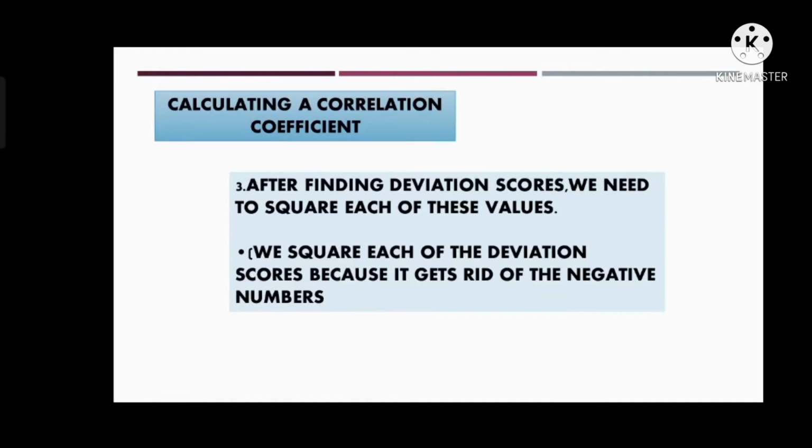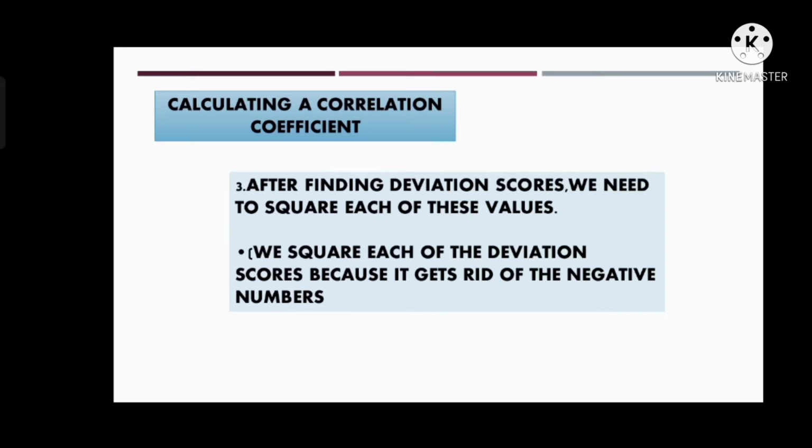Okay, number 3. After finding deviation scores, we need to square each of these values. We square each of the deviation scores because it gets rid of the negative numbers.